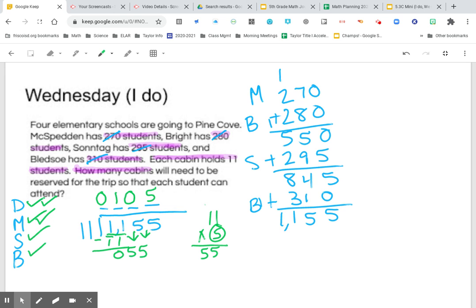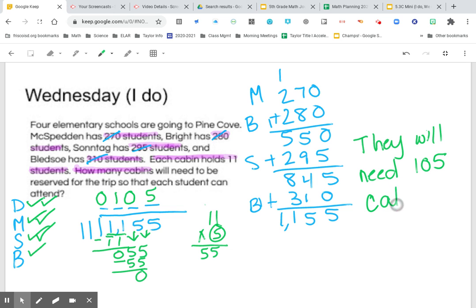Going to multiply next, 55. Then I'm going to subtract 55 minus 55 is 0. And I have nothing else to bring down. So my answer, they will need 105 cabins.